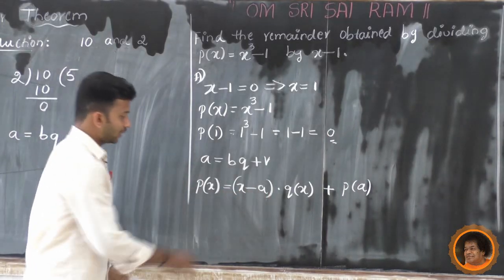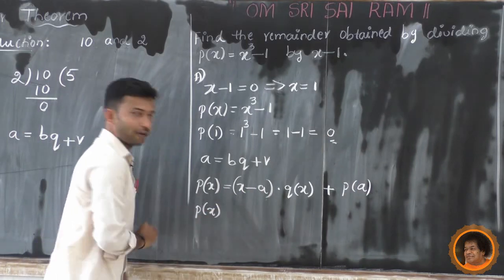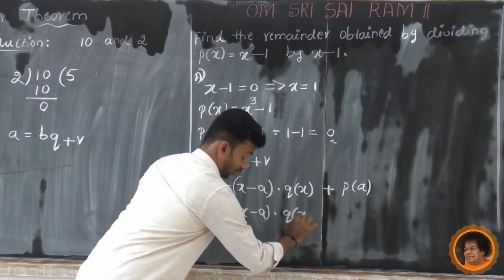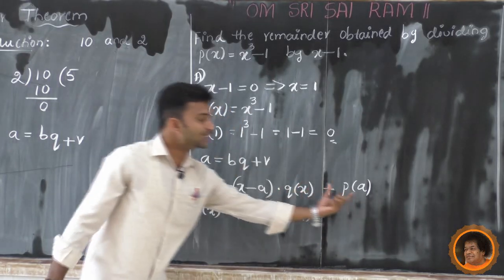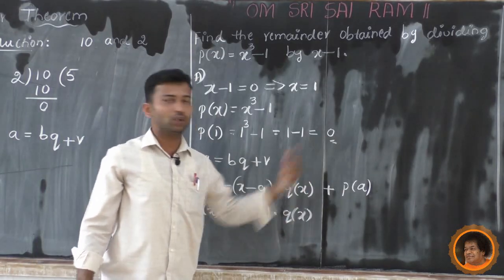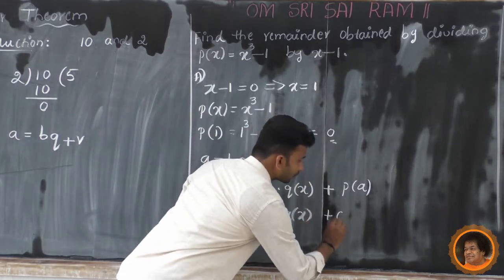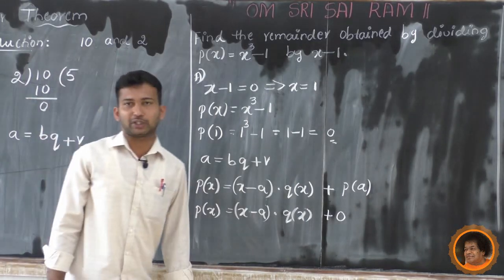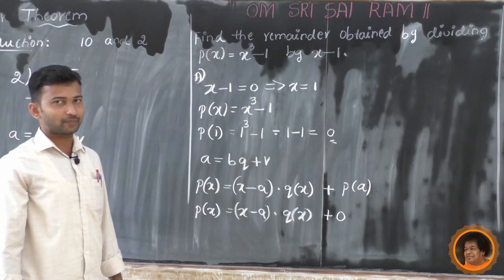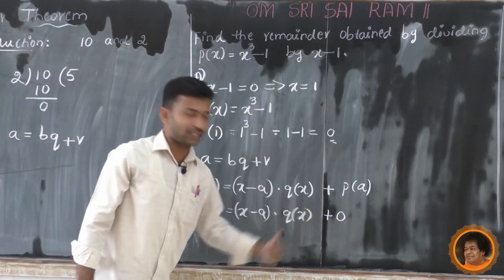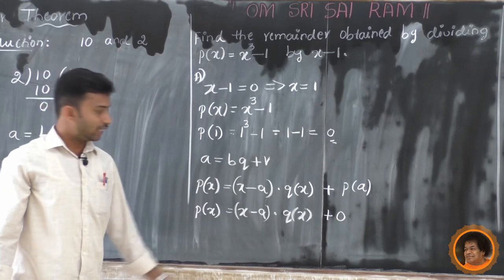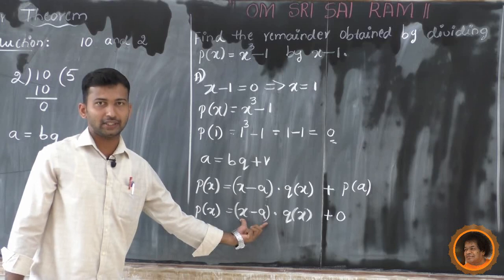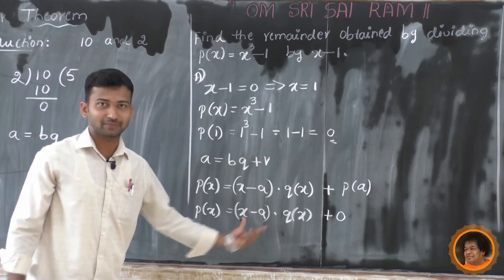In the next step, polynomial p of x is equal to x minus a into quotient q of x. What is p of a? P of a is equal to 0. Remainder is 0. By this expression, we conclude that if the remainder is 0, the divisor is a factor of the polynomial or factor of the dividend.